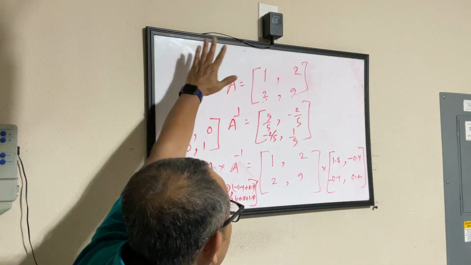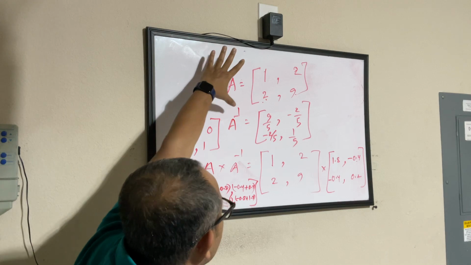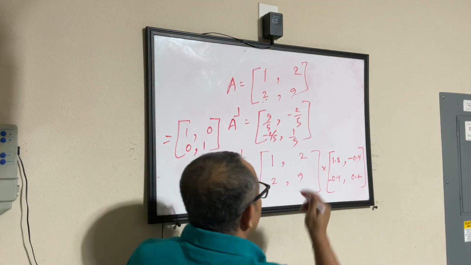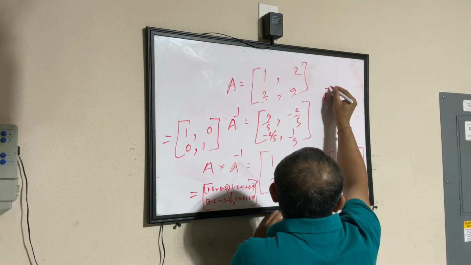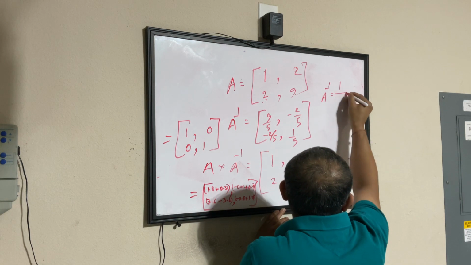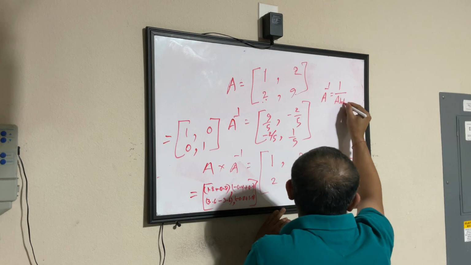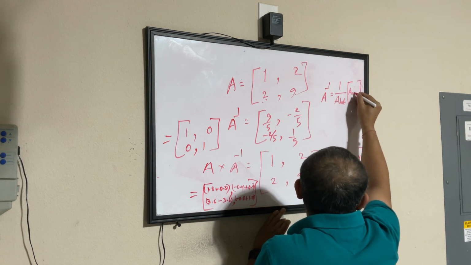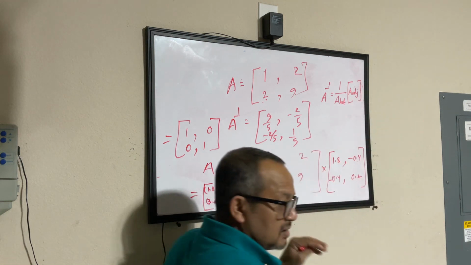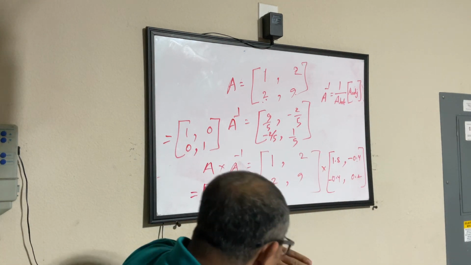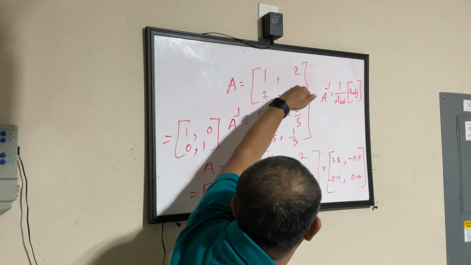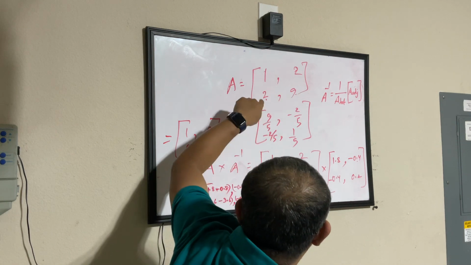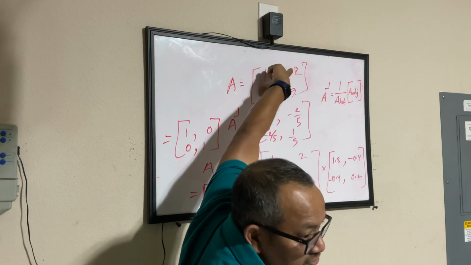So if you look at the sequence of events, what did I do? Nothing. I had a 2 by 2 metric. I found out the inverse of the metric. And inverse of the metric is derived by the formula 1 by determinant of A multiplied by the adjoint of the metric. Determinant you find by multiplying these two minus these two, and adjoint you find by swapping these two and flipping the sign of these two.